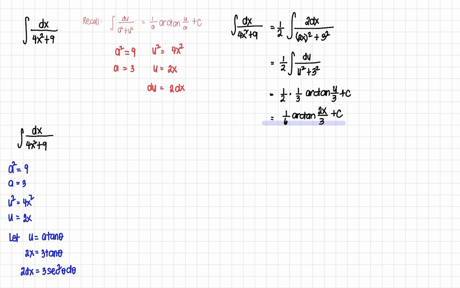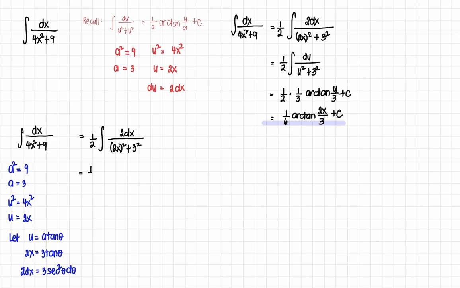So this is now equal to the integral of 2 dx over 2x quantity squared plus 3 squared. And then we put 1/2 outside. Why do we put 1/2 outside? Because we placed 2 here. Why did we put 2 here? Because we want to form this 2 dx. So 1/2 times 2 is just like multiplying 1 to our given integral.